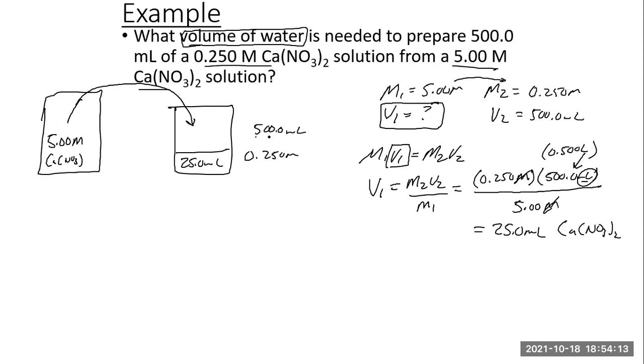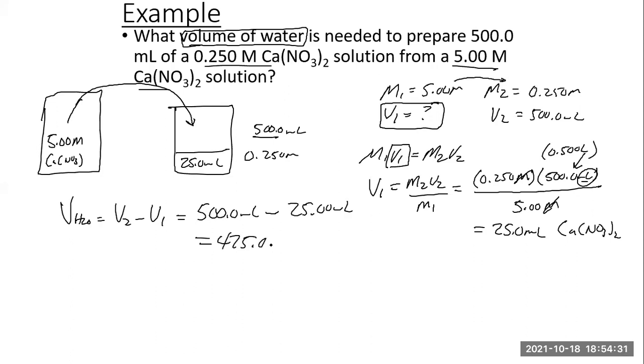Again, our total volume is 500 milliliters. So the volume of water would be V2 minus V1. V2 was 500 milliliters. V1 we just calculated as 25 milliliters. That means that we should dump in there 475 milliliters of water with it.